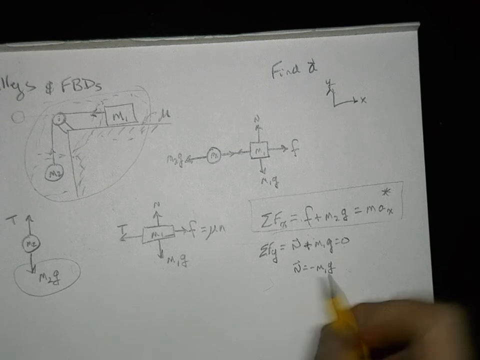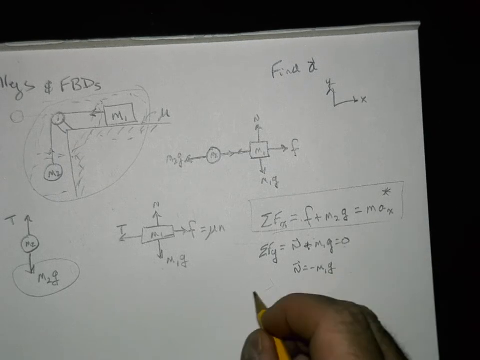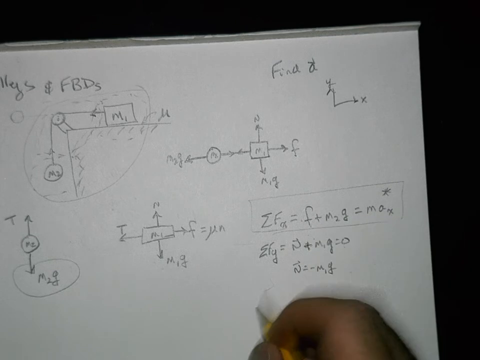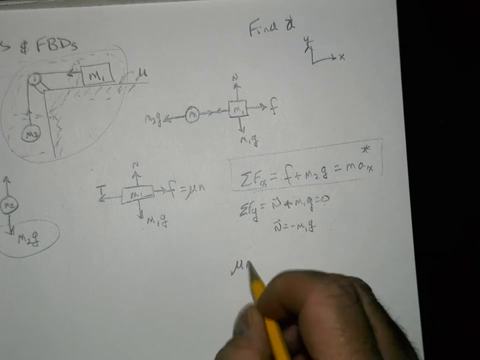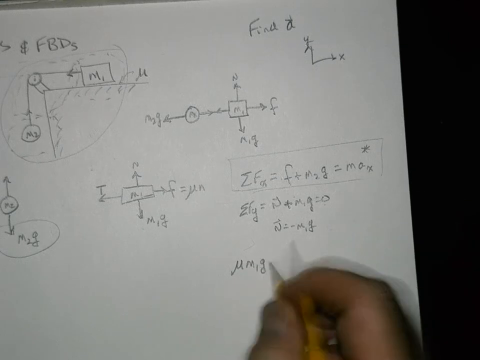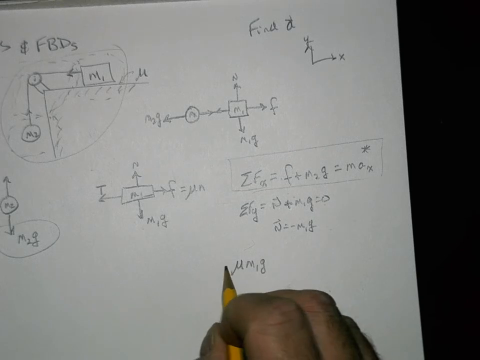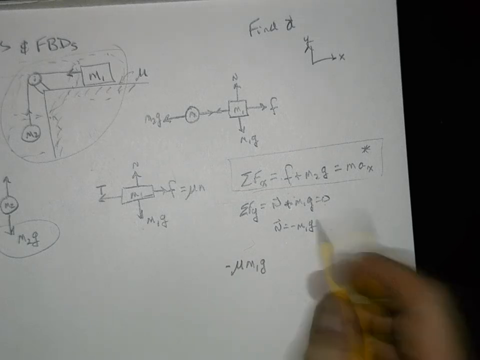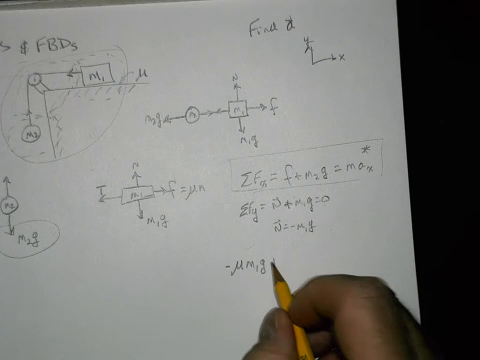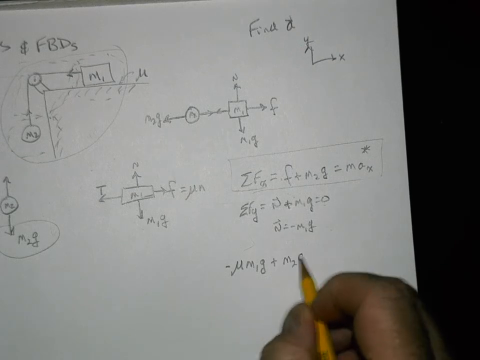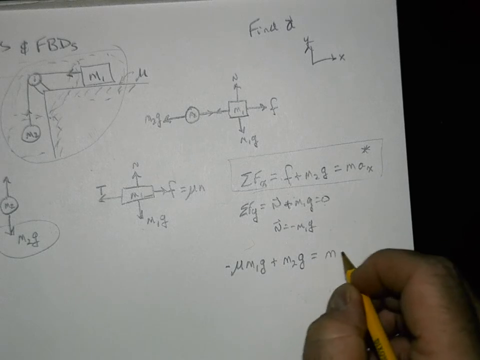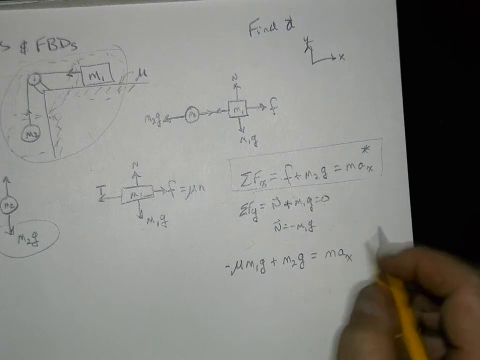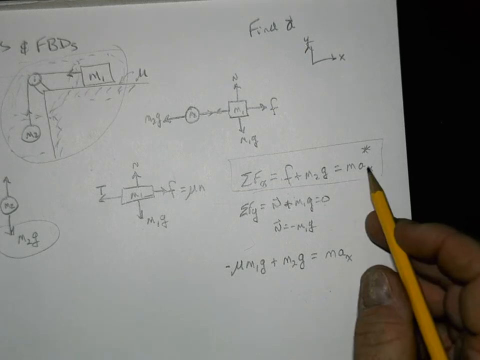So our friction is going to be our coefficient of friction times our normal force. Well, our normal force is m1g, and that's going to be negative, because that's negative m1g, plus m2g equals m times ax. However, let's get back to this asterisk here.